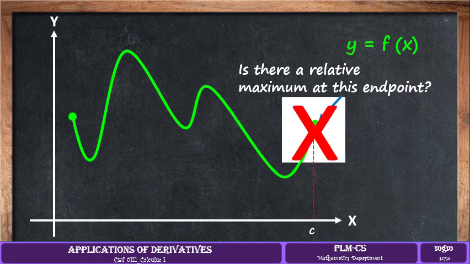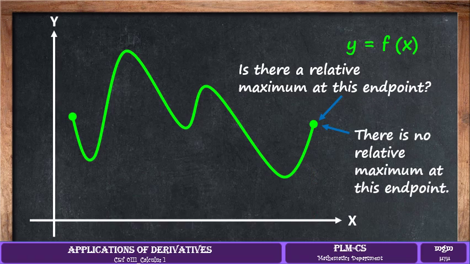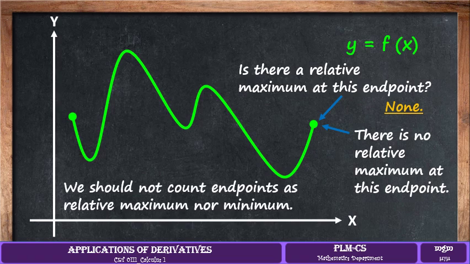Thus, any open interval that contains the endpoint will not fit inside the domain of f of x. Therefore, there is no relative maximum at this endpoint. Hence, the answer to the question is none. Thus, we should not count endpoints as relative maximum nor minimum.